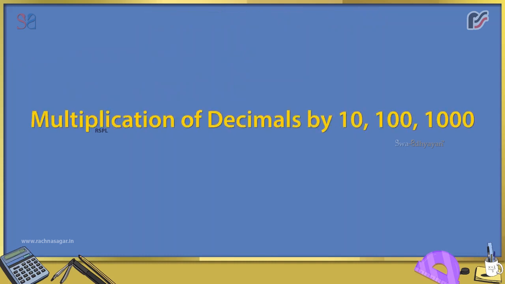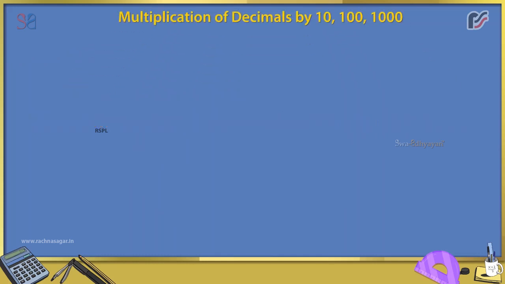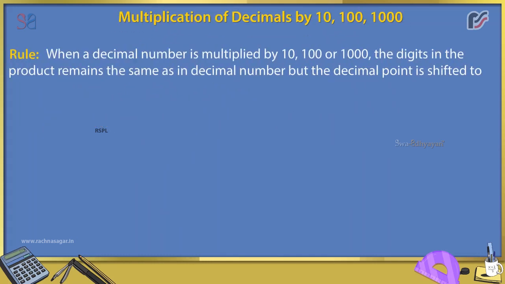Multiplication of decimals by 10, 100, 1000. Rule. When a decimal number is multiplied by 10, 100 or 1000, the digits in the product remain the same as in the decimal number, but the decimal point is shifted. 1. One place to the right if it is multiplied by 10. 2.